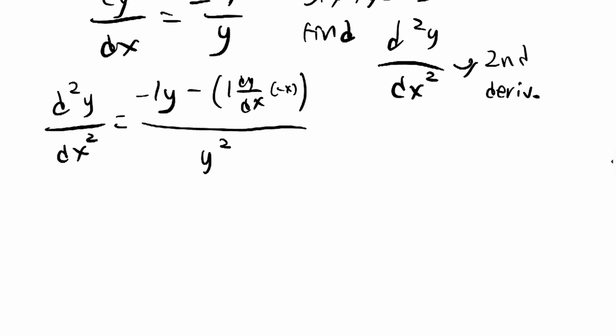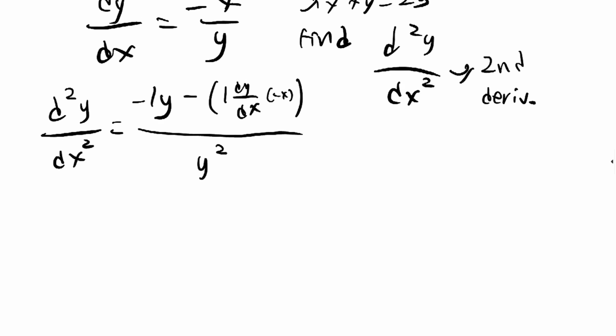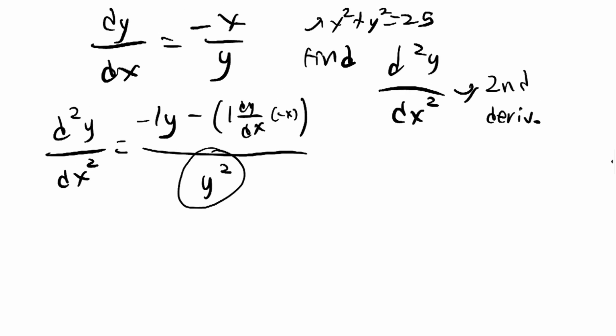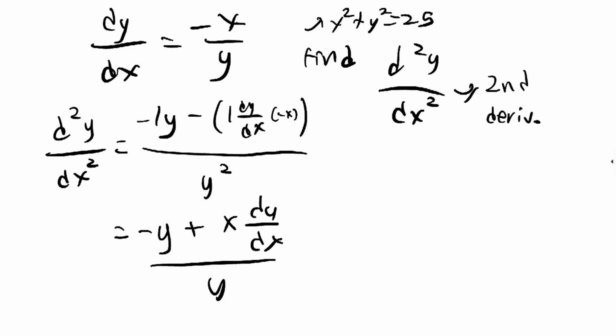And one of the biggest mistakes is thinking that when you do a quotient rule for implicit differentiation, you have to tag on the dy dx for the denominator. You don't. It's only when you're taking a derivative. That's all that matters. Okay, so let's just clean this up a little bit. So negative y plus x dy dx over y squared.